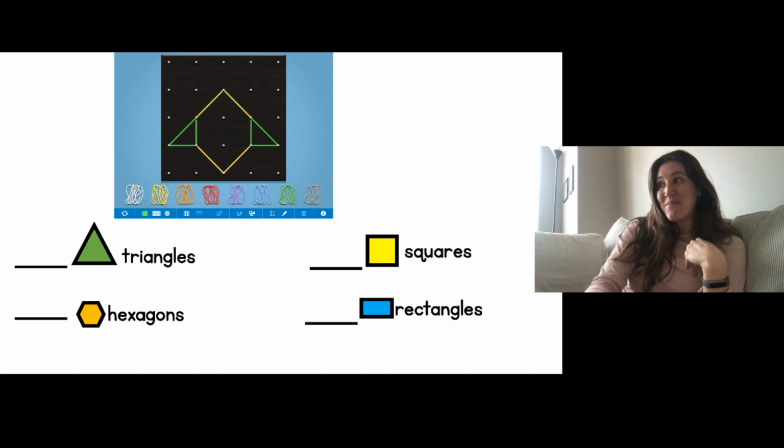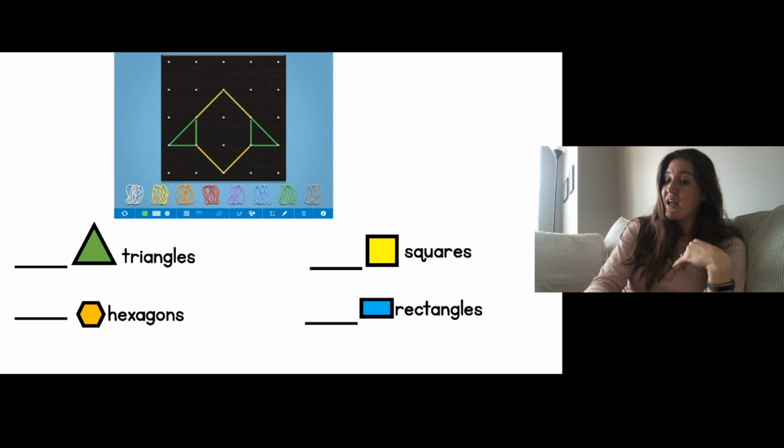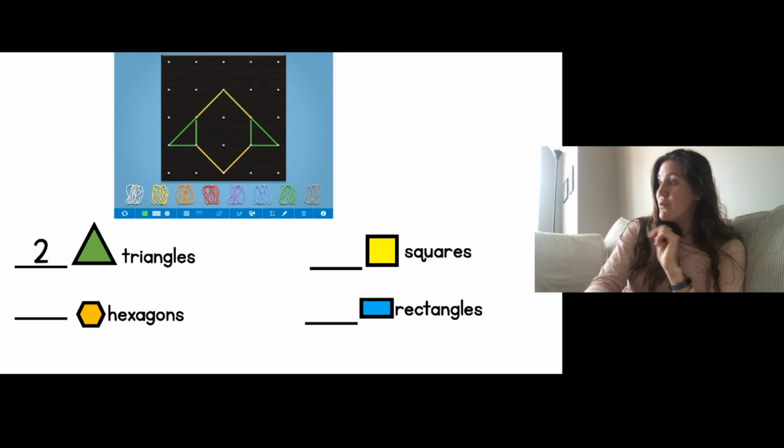Okay, so I just made this picture on my GeoBoard. And now I need to count how many triangles did I use, how many hexagons did I use, how many squares did I use, and how many rectangles did I use. Well, I see those 2 green triangles. So I'm going to write a 2 for 2 triangles because I used 2 triangles. And then I did one shape that had 6 sides.